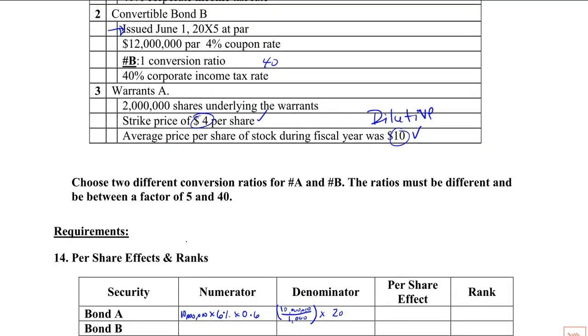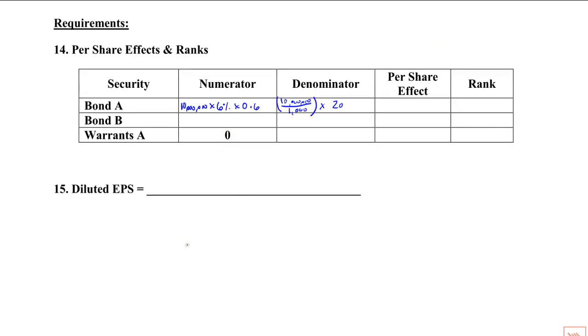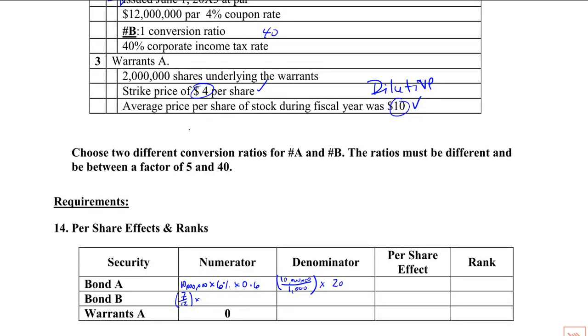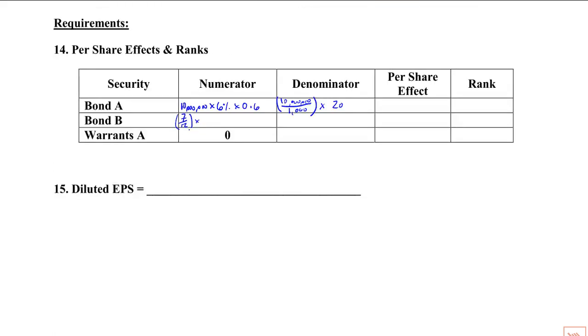Bond B is 12 million, 4%. And it's June. So June, July, August, September, October, November, December. So we have to multiply by 7/12 times 12 million, 4%, times 1 minus the tax rate. So this will be 12 million. Oops. Getting ahead of myself. This will be 7/12.